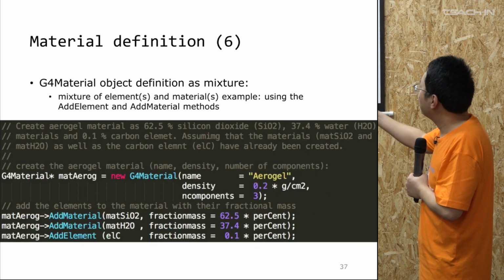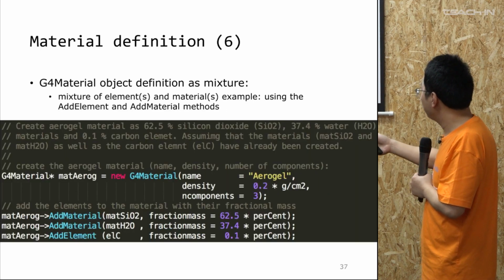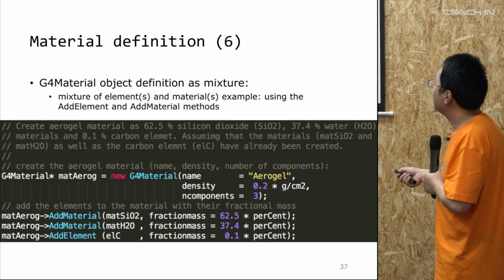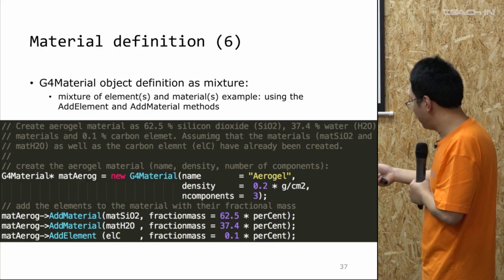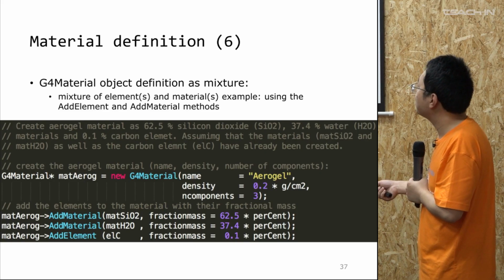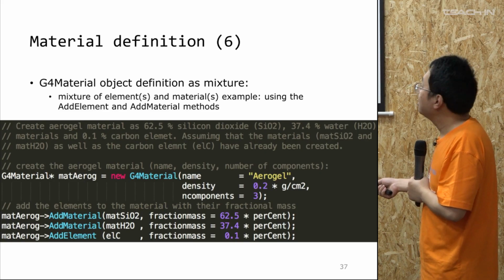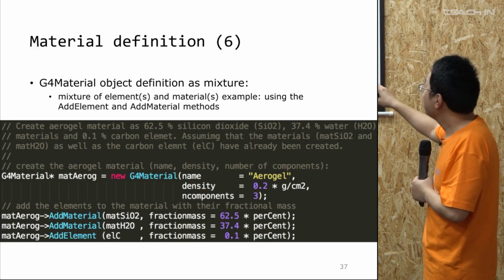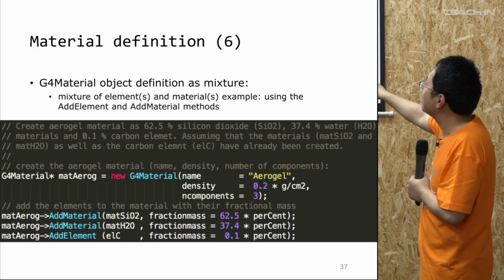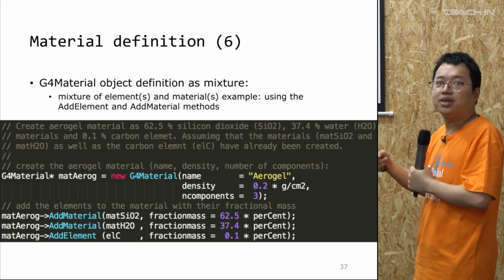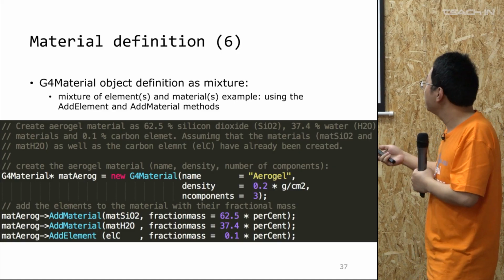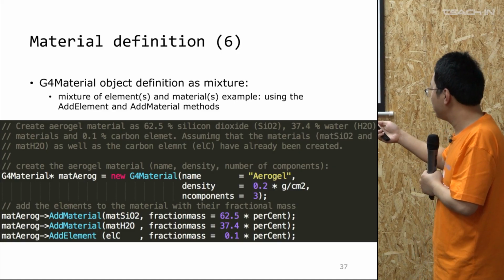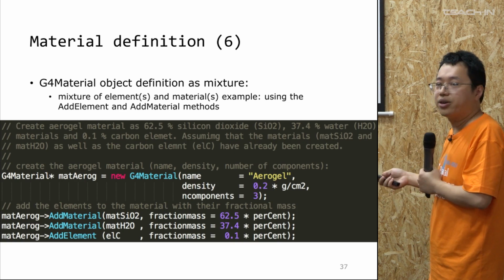There are more examples. This is a more complicated one, where you can even combine different materials and elements together. In real cases, this is what we did, because the material itself can be very complicated, so you need to use this way to define all the materials in Geant4.